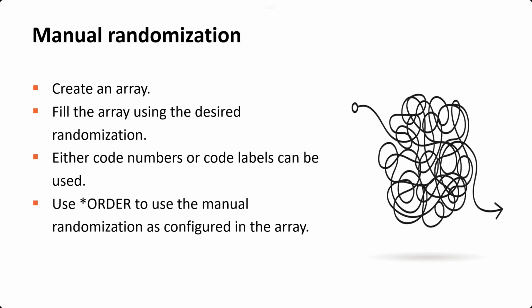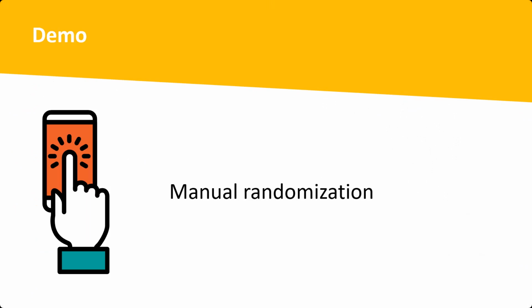Question will go fine, but remember, repeats and matrix go on code numbers, so you can only use numbers on these. And then you use the command we already saw in order to use the manual randomization, and that is simply star order and then the name of the array in which you have stored the order you want. So let's take a look at a few that I prepared.